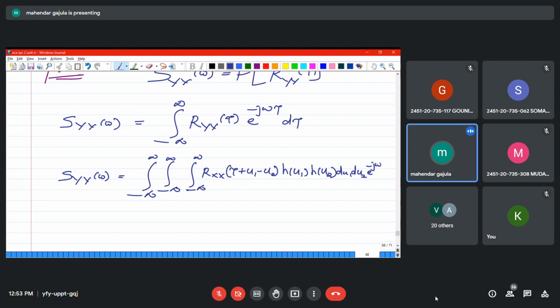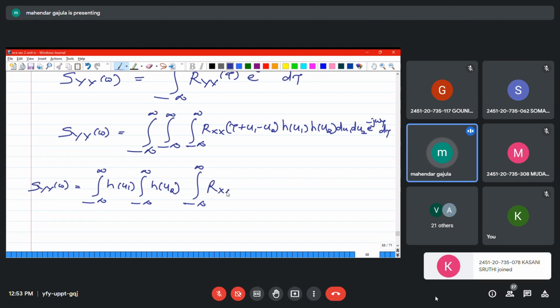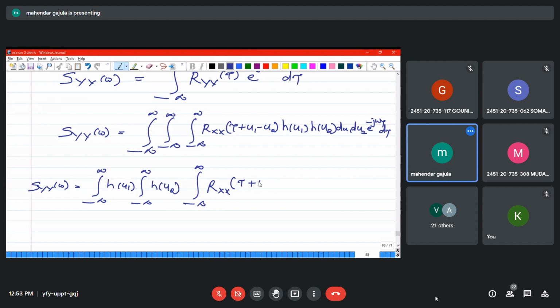So S_yy omega is equal to integral of h(u1), and integral of h(u2), and integral from minus infinity to plus infinity R_xx of tau plus u1 minus u2, e power minus j omega tau d tau du1 du2.